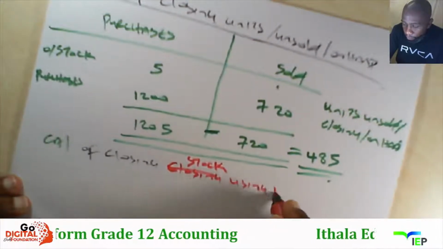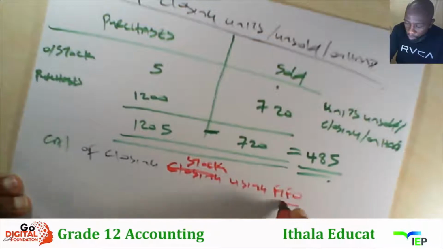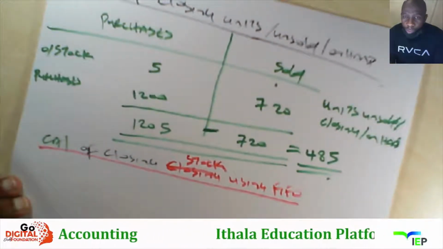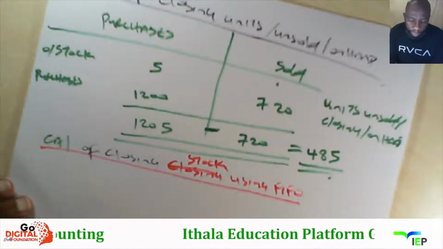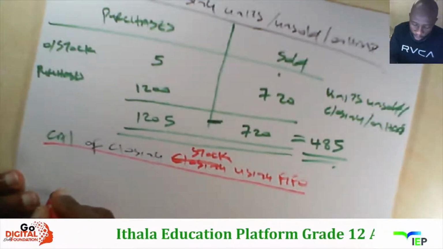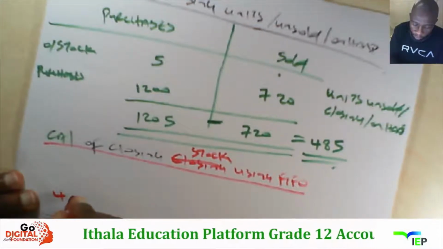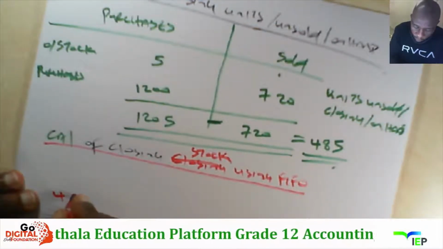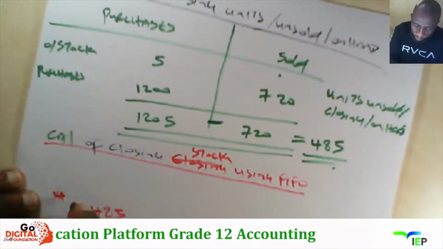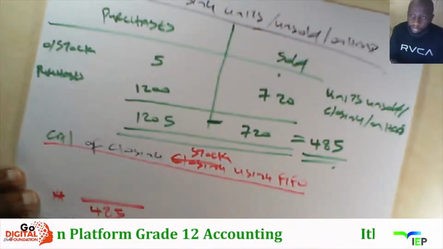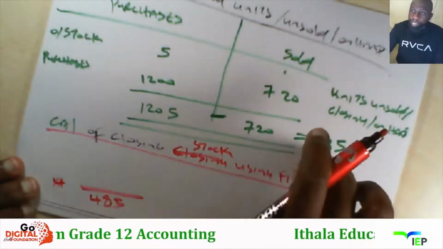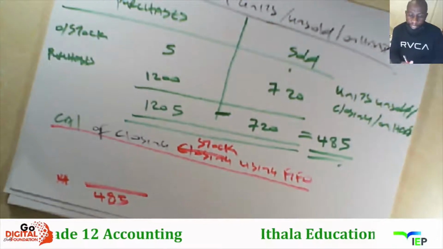So the price must stop here at 485. We have to reverse from here, 485 from this number there. So that is our closing.